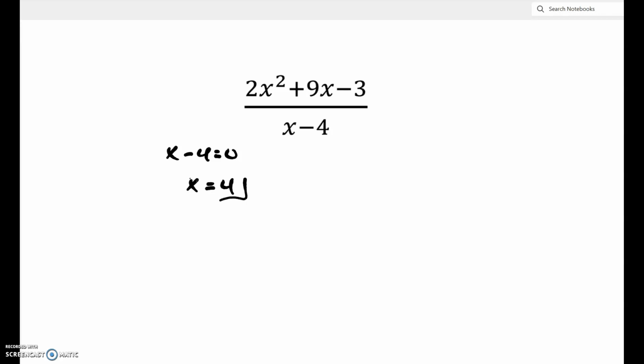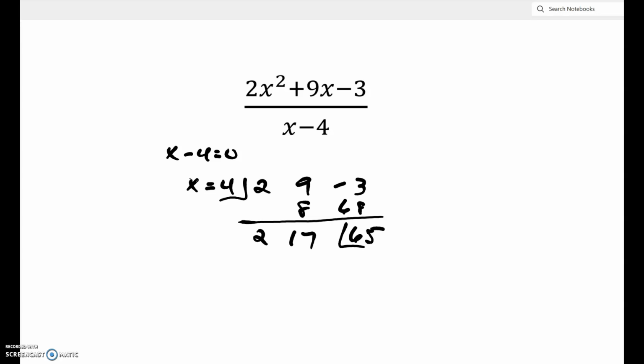I'm going to divide that into the 2, the 9, the negative 3. Drop the 2 down. 4 times 2 is 8. 9 plus 8 is 17. 4 times 17 is 68. Add that together, I get positive 65.